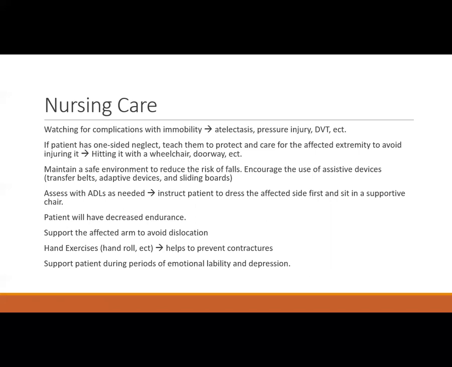So make sure they're aware that with left-sided neglect, you need to support that arm. With right-sided cerebrovascular accidents, if you remember, they usually have neglect of their left side. So you want to make sure they're supporting that left arm and avoiding contractures.